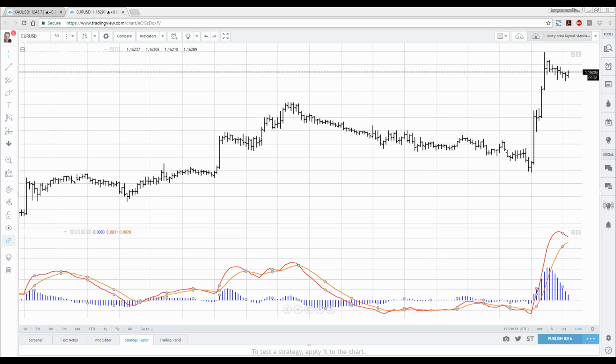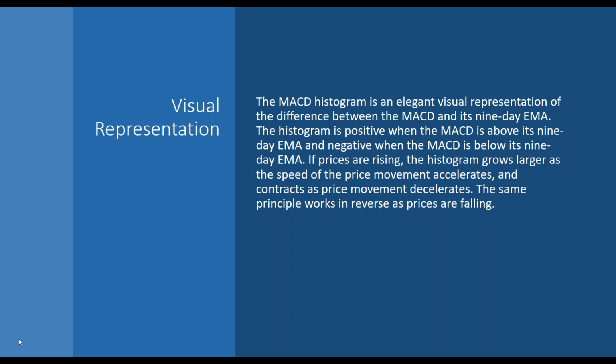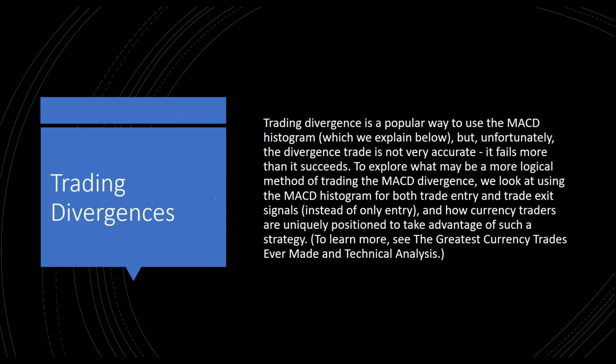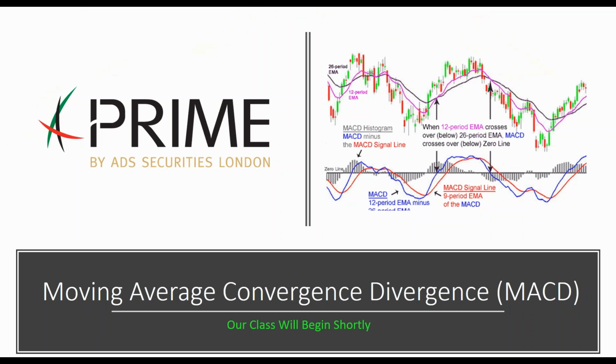Maybe it's easier if I take you back to PowerPoint and show you my opening slide again. Hold on a second. There we go. As you can see on this sample chart on the right, we have the 12-period EMA and the 26-period EMA.